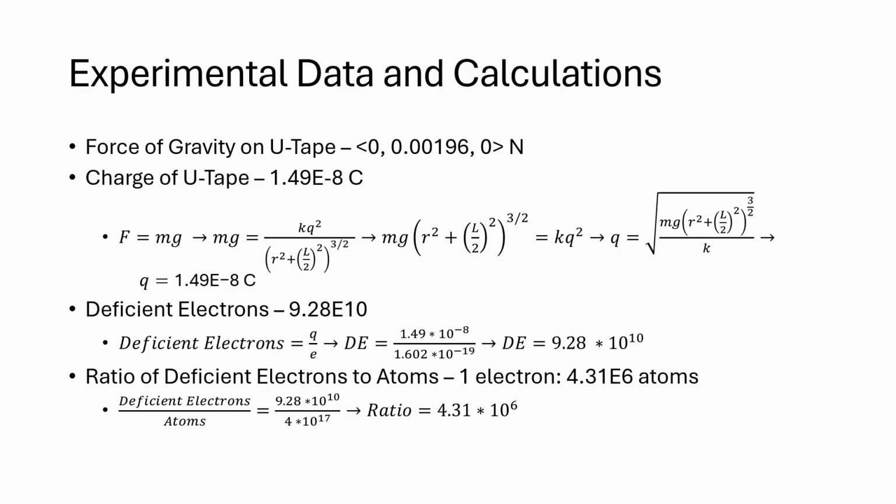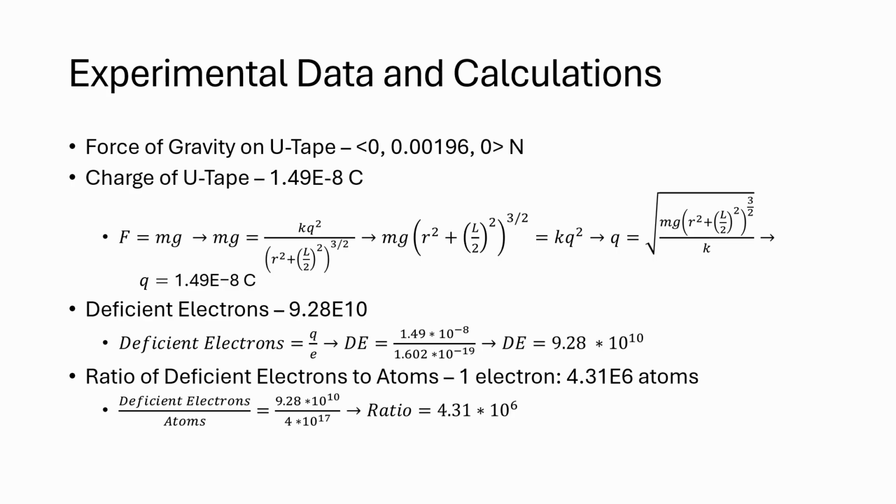We got this by setting the force of gravity equal to the electric force, which was equal to the radius away from the tapes times half the length. We got this by taking the integral of the linear density and setting that equal to the gravitational force.